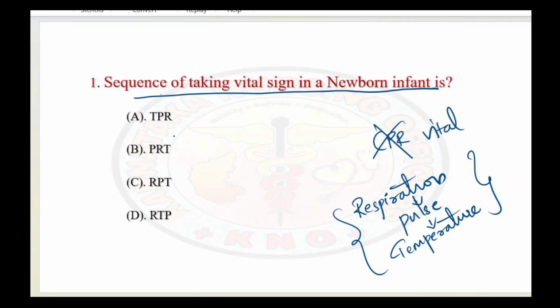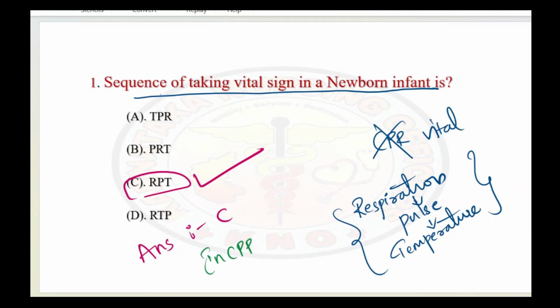So let's move on to the options here. In the first option they have given temperature, pulse and respiration. Second is pulse, respiration and temperature. If you see the third option, it is written as respiration, pulse and temperature. So this is the correct answer. So answer is C. So what happens if they are asking you CPR?